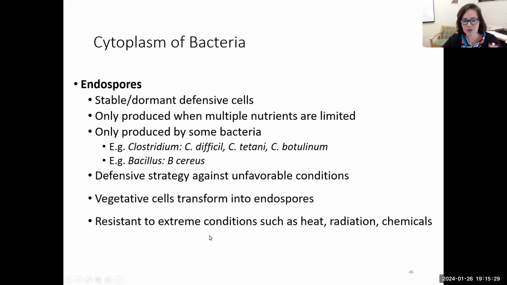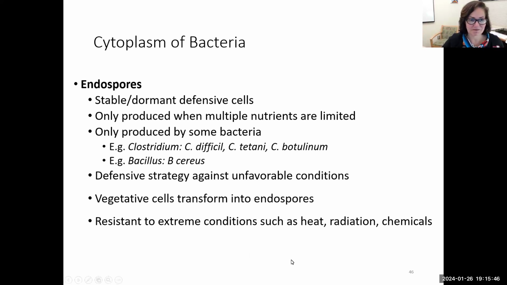So resistant to extreme conditions such as heat, radiation, chemicals, all the things that we do to try to clean surgical instruments or clean industrial food areas.